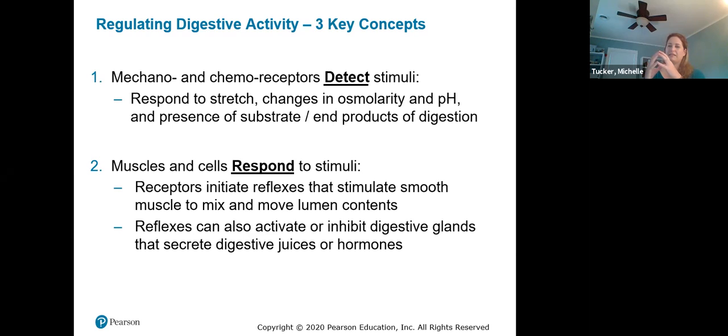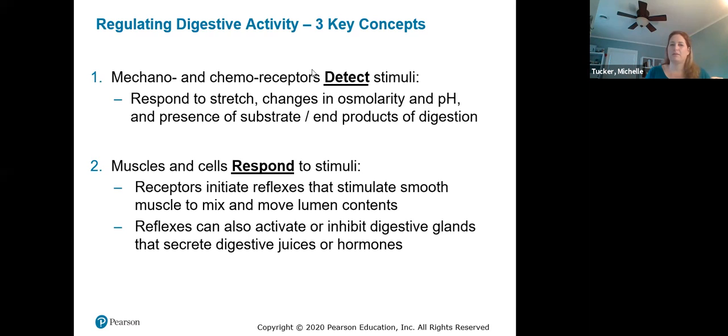When it increases its size, then stretch receptors are going to start secreting more pepsin, more digestive enzymes and hydrochloric acid. So to start digestion. So as the stomach stretches, those mechanoreceptors send visceral afferent stimuli. Don't worry about that too much, but visceral signals that are going to stimulate secretion by glands.